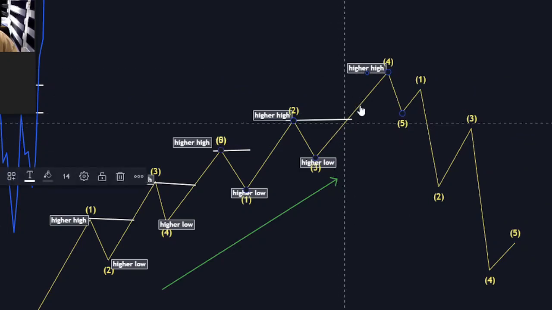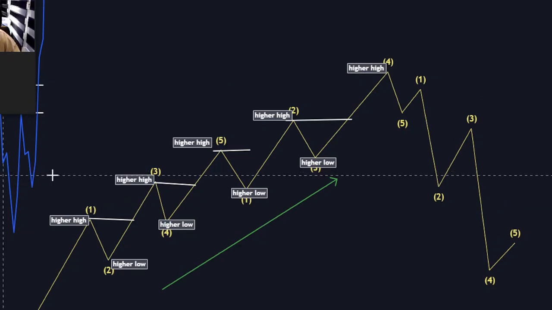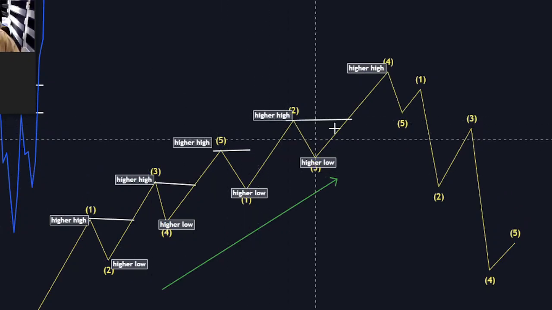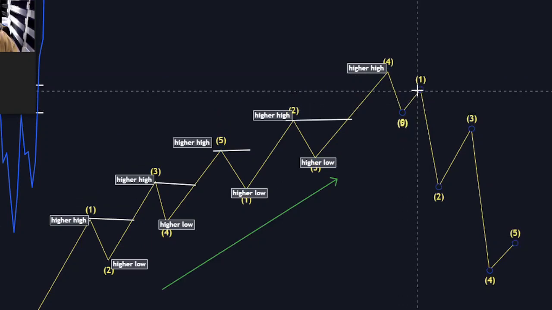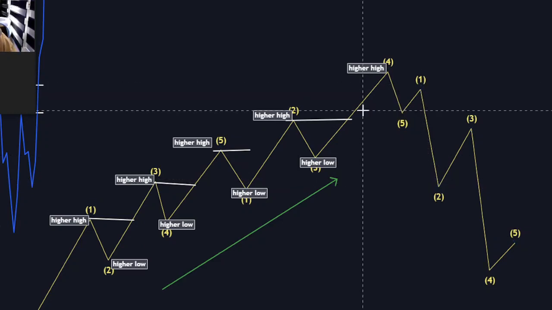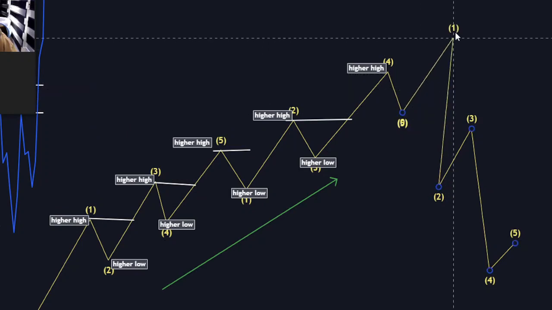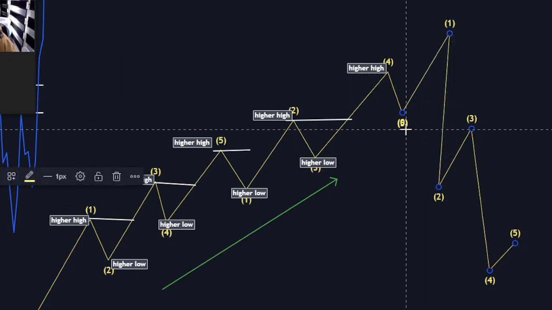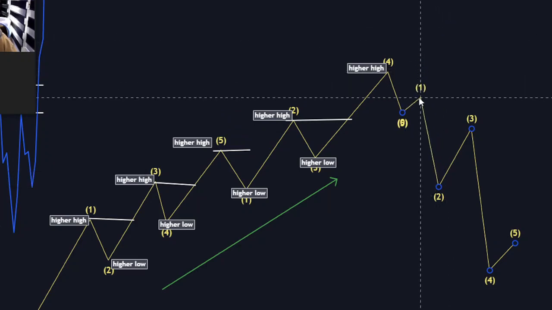It was going up, breaking highs, making higher highs and higher lows. Then we reached here, the market came down, went up, stopped here, and then dropped. Why is it dropping? We've been in an uptrend and we expect the market to continue giving us highs, but suddenly it stopped and did something like this.